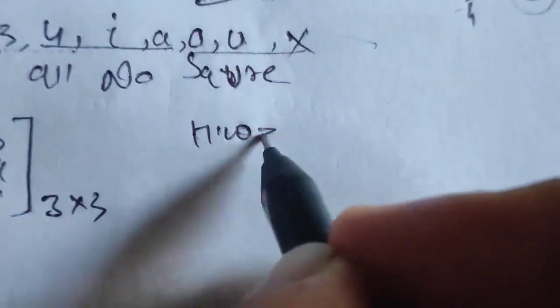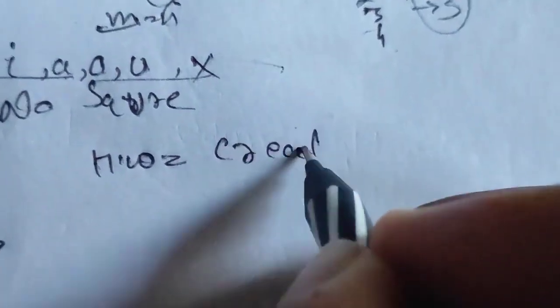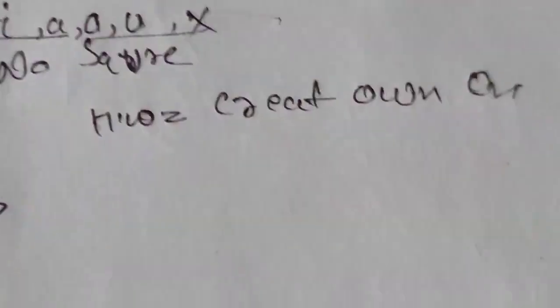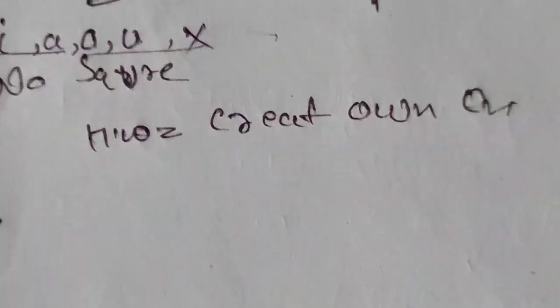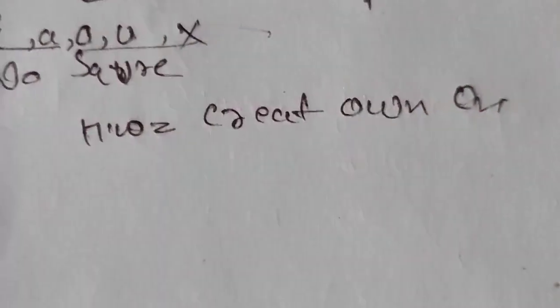Now listen, I give you some homework. The homework is to create your own question. Whatever the level of question, I am asking you to make your own question, think on your own, and answer that question.